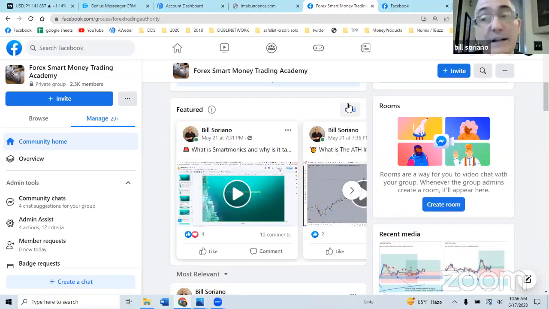There were a couple that I took, and I got some small profits on them. Not anything great, but overall for the week, using smart money and our ATH or 62 ATH indicator, I was able to gain 2% on my account, and I'll show you that as well.